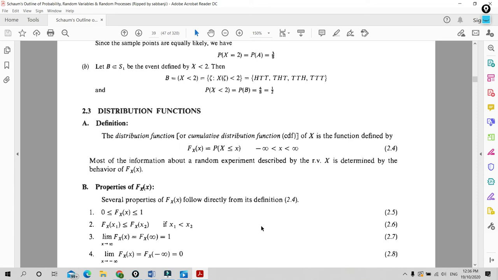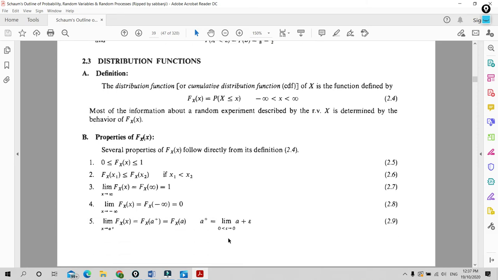Now, by definition, the distribution function, the cumulative distribution function. Just now we had the probability function. If you refer to the probability distribution function, these are some properties of a distribution function or cumulative distribution function (CDF).